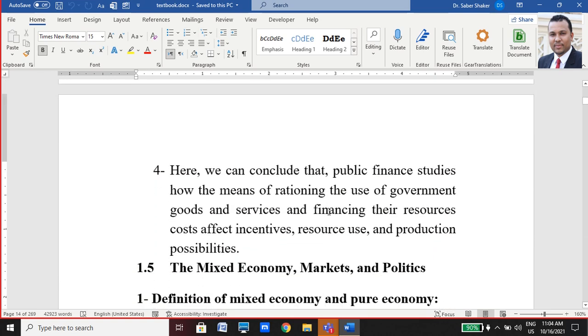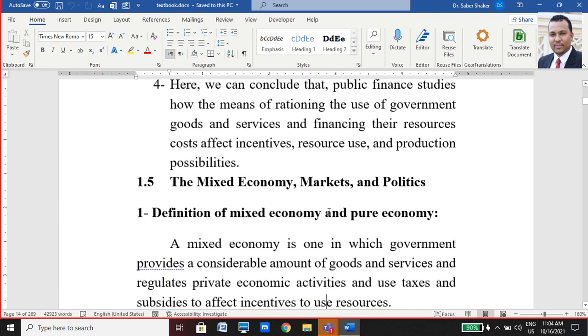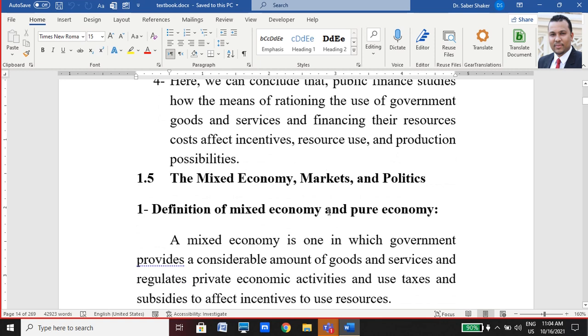What about case number 4? We can conclude that public finance studies how the means of rationing is the use of government goods and services, financing, resources, cost, incentives, and so on. So, generally, we talk about cases where you cannot exclude any resident, like defense services and police services.